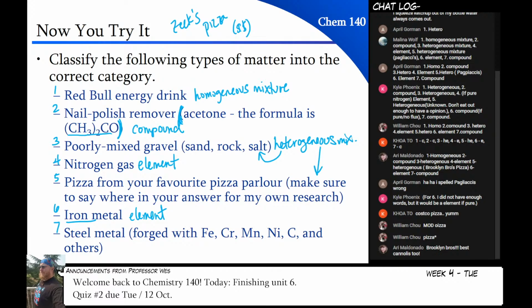It turns out that steel is a mixture. Oops, I drew off the screen, or I was holding a button or something. But what type of mixture is it? Well, if every part of the steel was different, that'd be kind of weird, right? You could only build with the left side of the steel, because that's the strong side and the other side is weak. That doesn't make any sense. So steel is actually a homogeneous mixture.